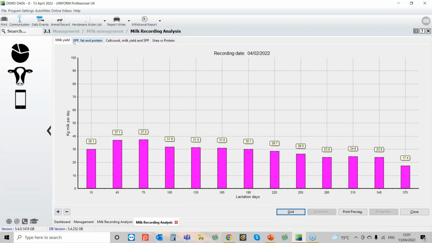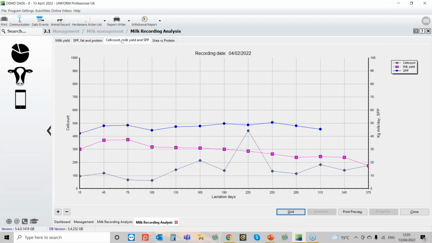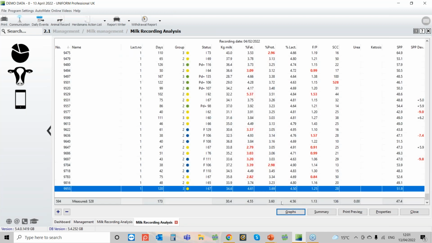We also have the SPP, fat and protein. So the blue line, the SPP, again, we can see that based on days in milk. And then we have the somatic cell counts, the milk yield, and the SPP together. So we can see the bottom line there, that's the somatic cell counts, again, based on days in milk. So on that section, we're looking at the last recording.